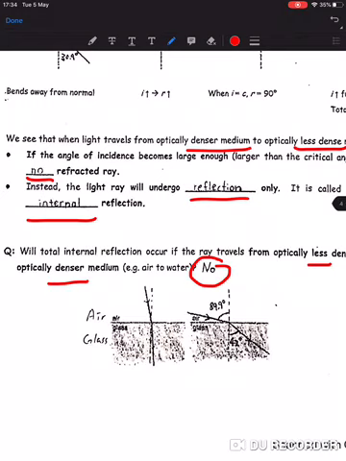If it's starting from a really tiny angle here, it will bend even shorter. And when you increase the angle all the way to almost 90 degrees, the maximum you can get is only 42 degrees. It's not even half of what it could achieve. So there is no way it could bend away. It's always bending towards the normal. It wants to bend to the normal. So that is the reason why it cannot be achieved this way.